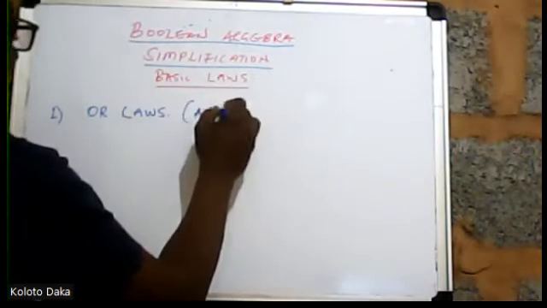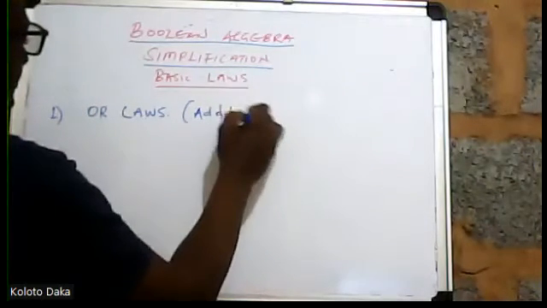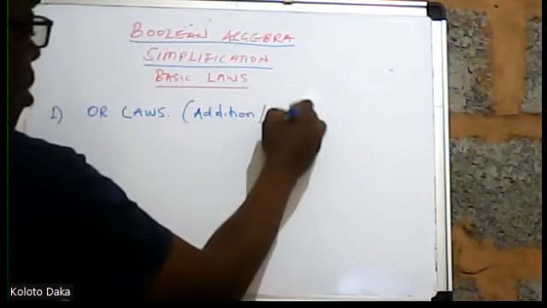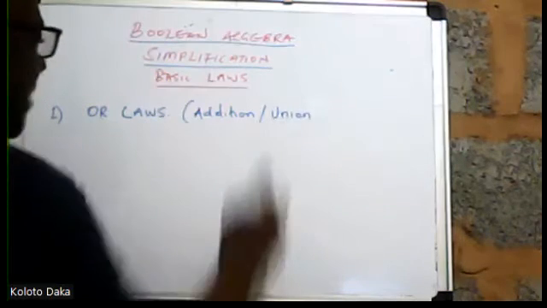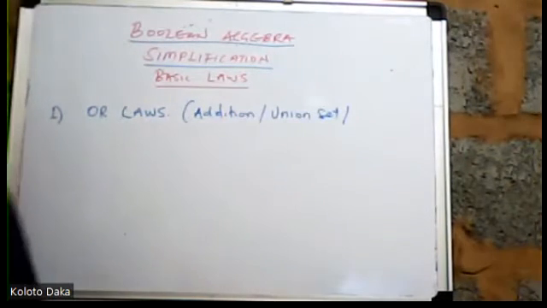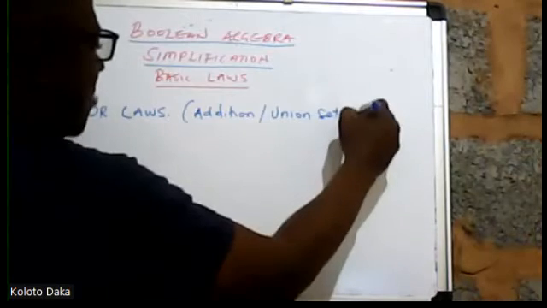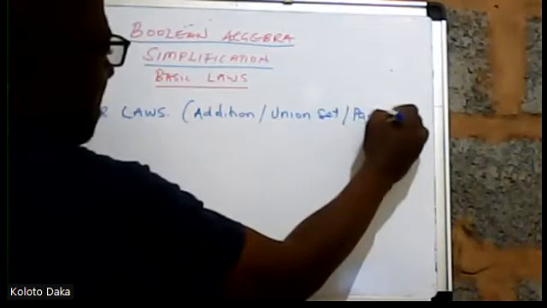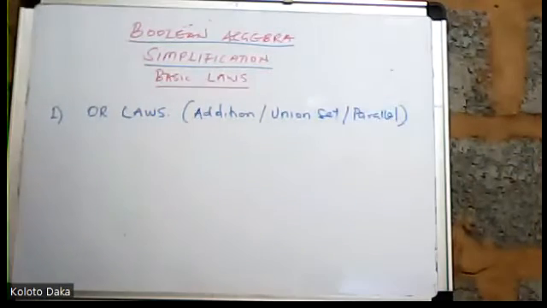OR is simply addition or union state. OR simply means that the switches are in parallel. When we say OR, it simply means we are adding, or the switches are in parallel, or it's a union state.